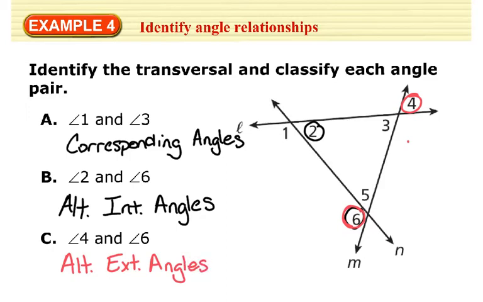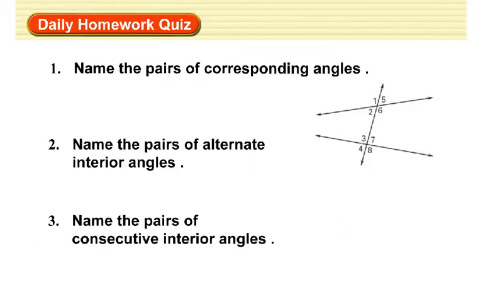Okay, so that's what I have for you for identifying angle relationships. Now let's look at this last slide. This last slide is what I'm going to tell you all to do on your own. What I want you to do is name the pairs of angles that are listed here in 1, 2, and 3.